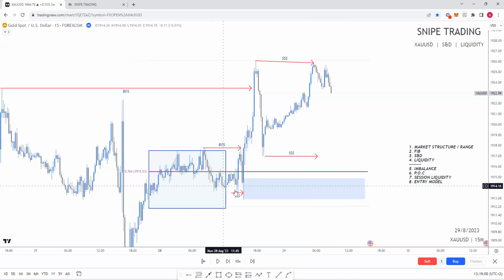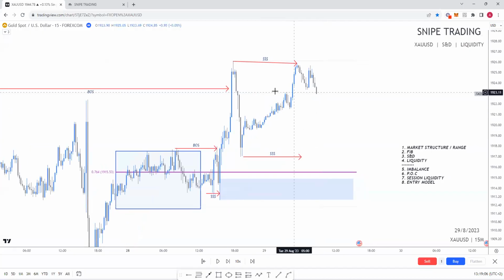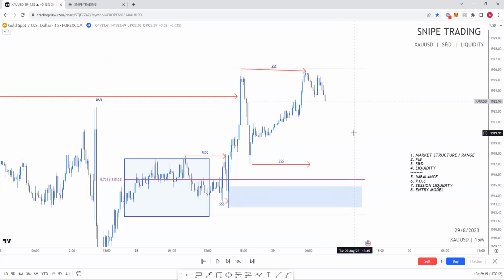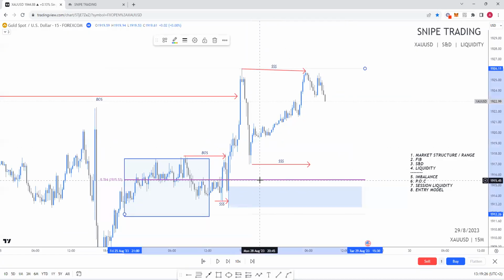We have this external liquidity, which has been taken out before creating the demand zone and breaking to the upside. So right here, we have these first four confluences: market structure, fib, supply and demand zone within our discounted area, and liquidity. This is all of the relevant liquidity we are looking at. So starting off, we have the first four confluences very clear, and it gives us this buy zone.